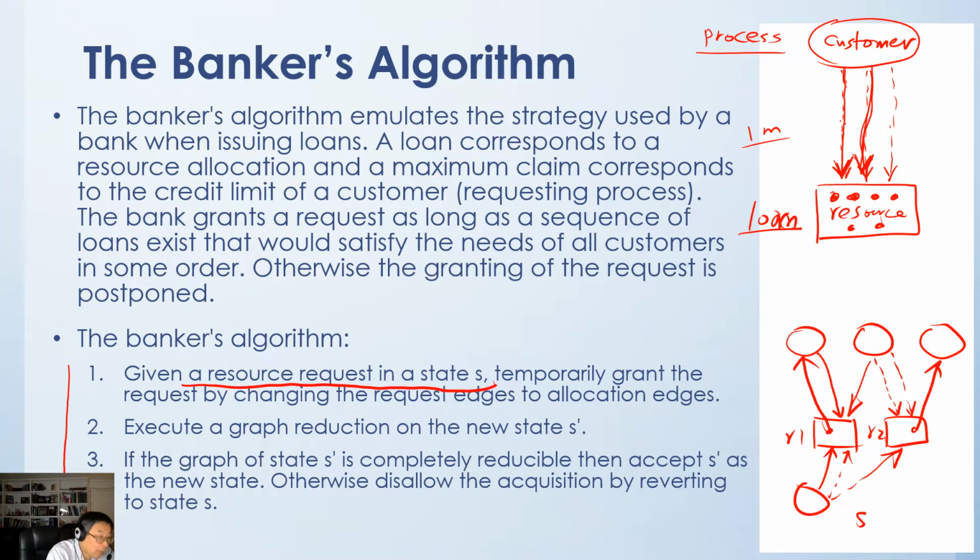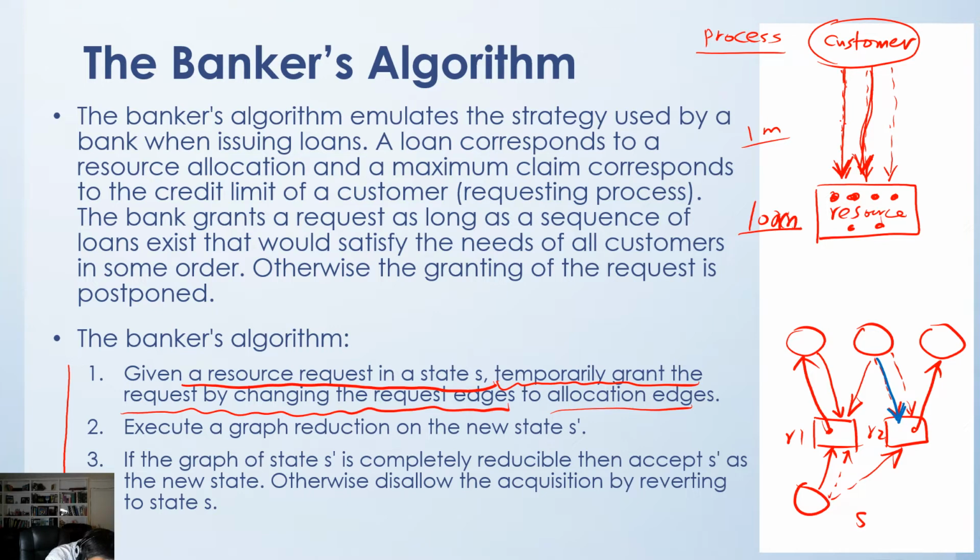Now, the bank's algorithm is going to temporarily grant the request by changing the request edge to an allocation edge. So let's say this particular customer, let me change the color to simulate a request, makes a request.